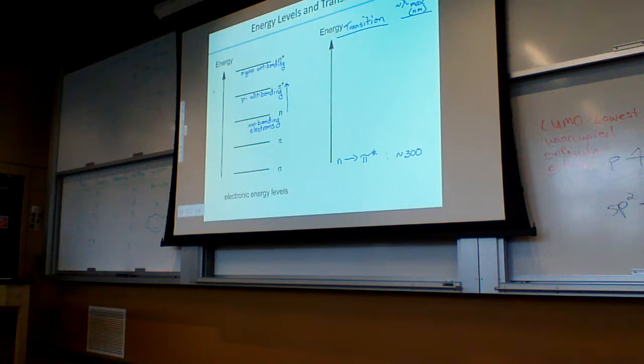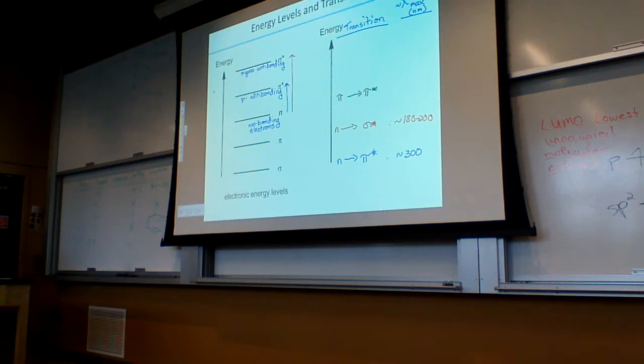The next one up is going to be our N to sigma star. And common values that I was finding for this would be 180 to 200. And that's going to be your N to sigma star here. Next one up, our pi to pi star.